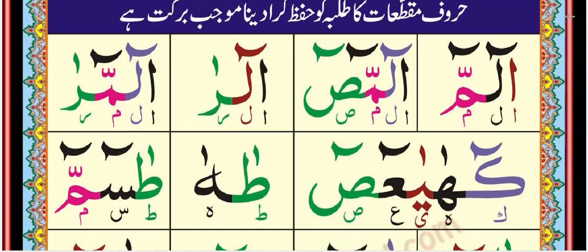We're going to start our lesson. You need to read after me. Alif, Lam, Mim. Alif has no sign, Lam has madda, Mim has madda and shadda. So Alif, Lam, Mim.